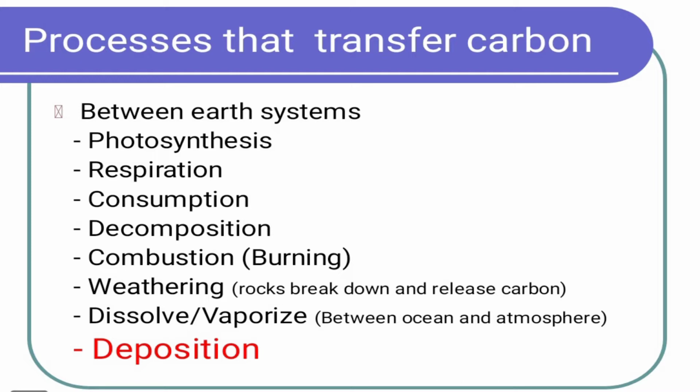Number one is the gaseous cycle, which involves the movement of carbon as carbon dioxide, which is found as free gas in the atmosphere and as a gas dissolved in the water of the land and of the seas and oceans.